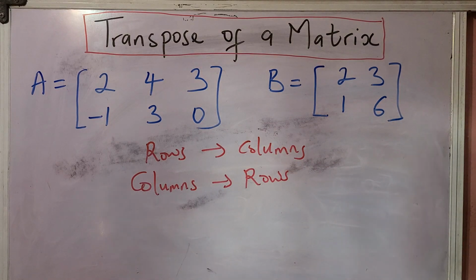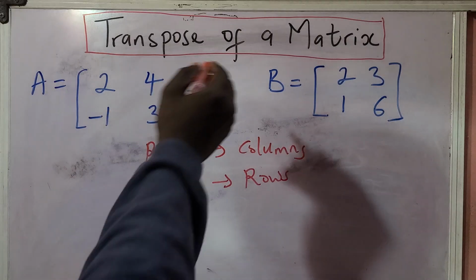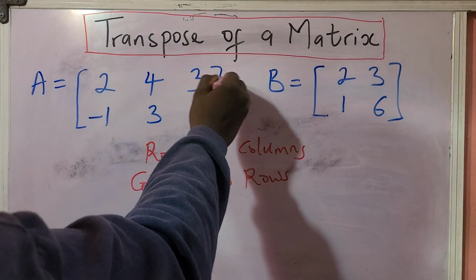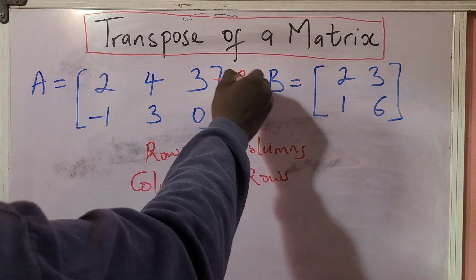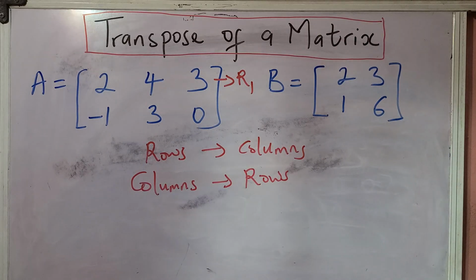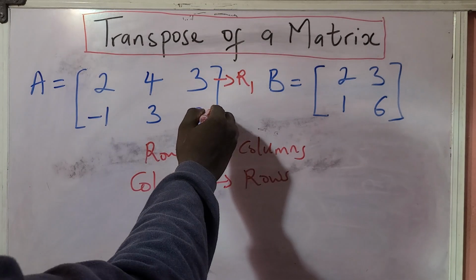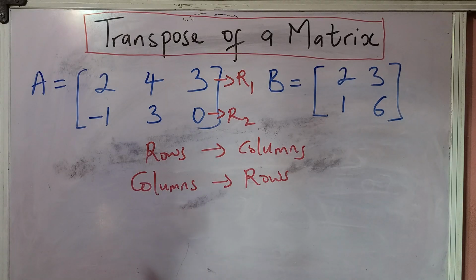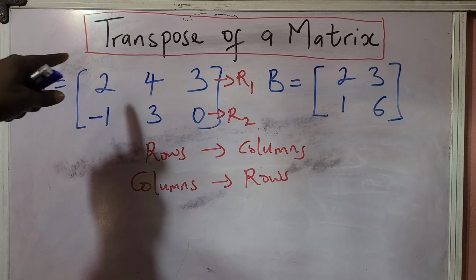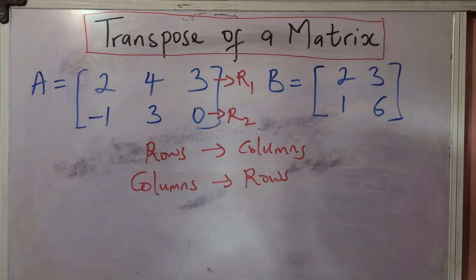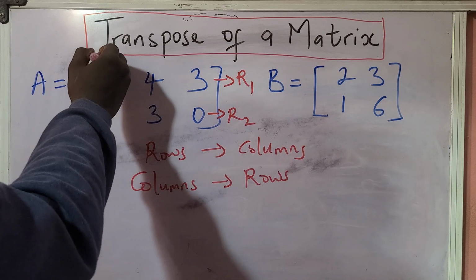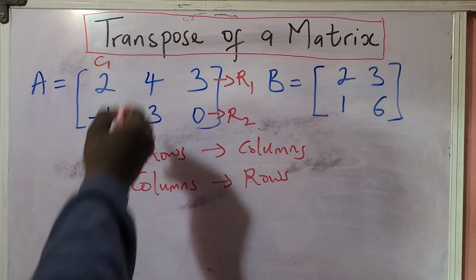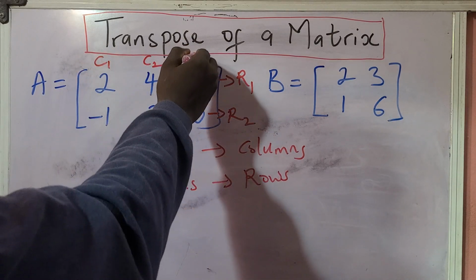Now, the rows of a matrix are the horizontal sides of the matrix. So right here, this is the horizontal side. So this will be row 1 of this matrix A, while this will be row 2 of matrix A. And then if you look at the vertical side, what we have right here, this will be column 1, this will be column 2, this will be column 3.